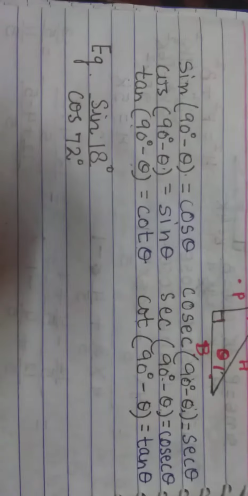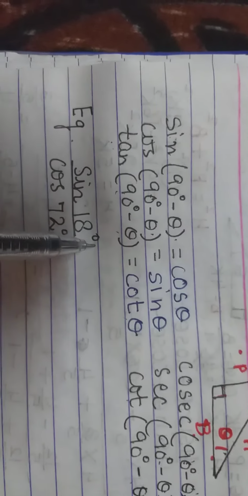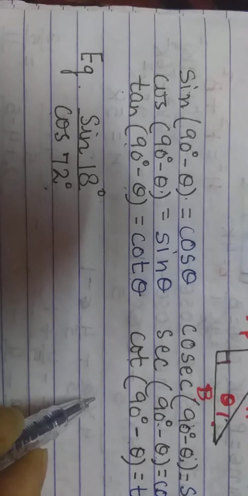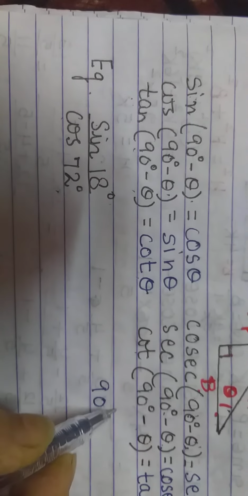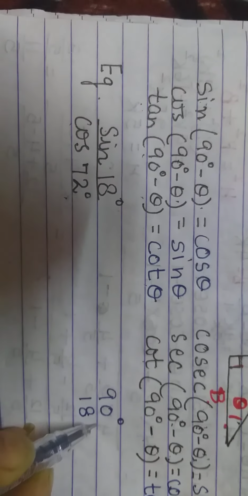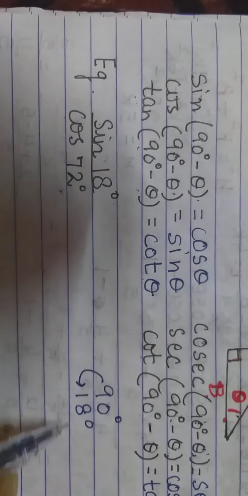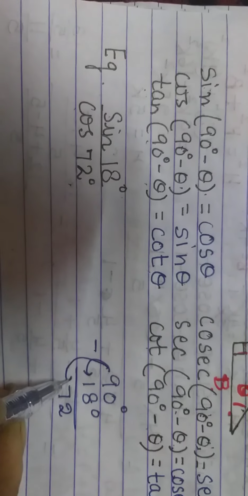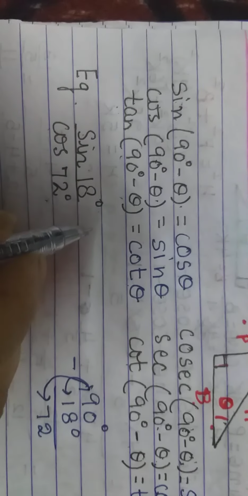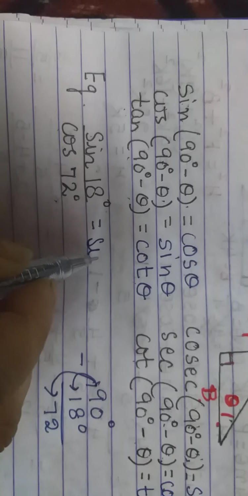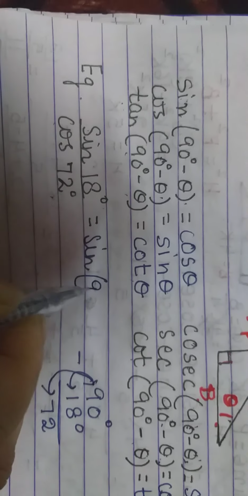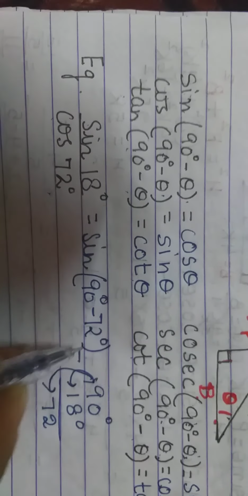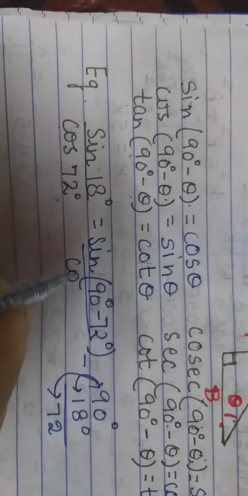Now, we have an example here: sine 18 degrees upon cos 72 degrees. What can I write 18 degrees as? Write 90 degrees minus 72 degrees, because 90 minus 18 is 72. So in place of 18, I can write sine of 90 degrees minus 72 degrees upon cos 72 degrees.